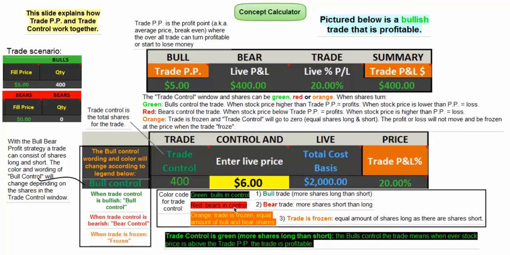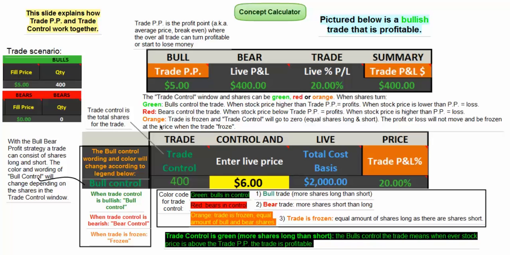Red means the bears are in control. A bear trade means there's more shares short than there are long. So when this stock price is higher than the profit point, that's going to be a loss under a situation where the bears are in control and this is red.